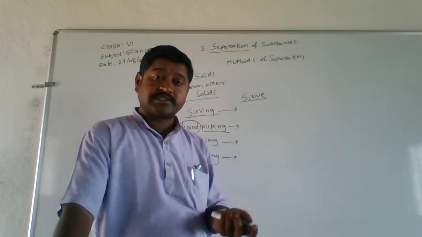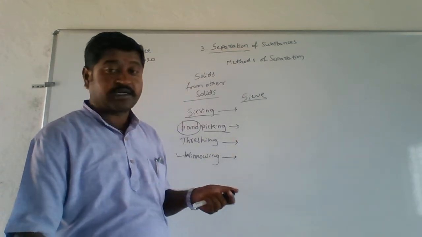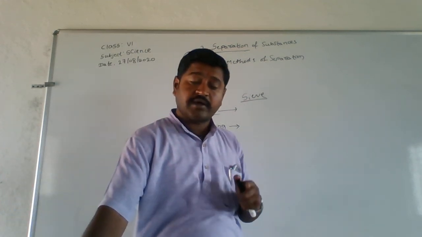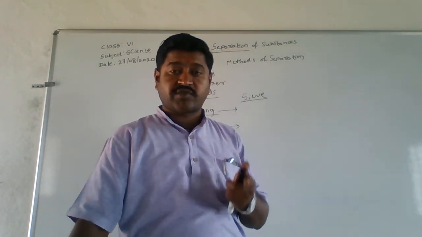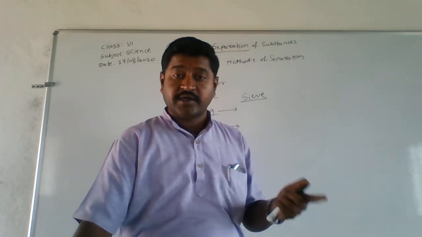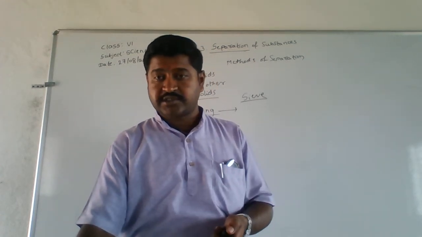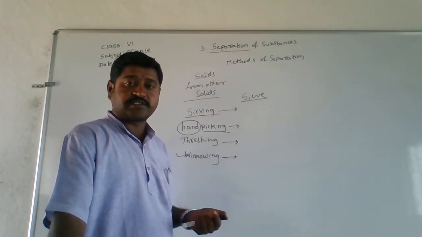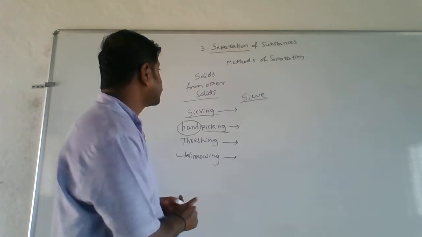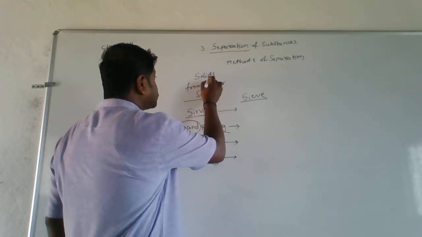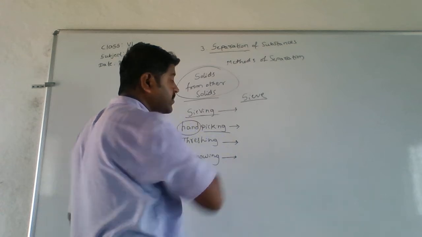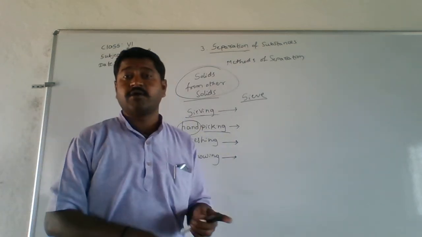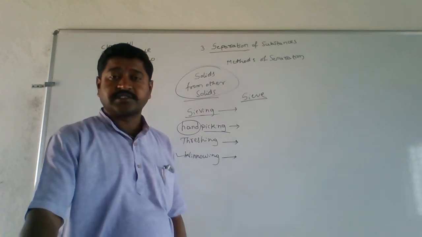Then on what basis these methods of separation are there: removing solids from other solids, separating insoluble solids from liquids, and separating soluble solids from other liquids. And under each category we have different methods. So today we have completed only the first column, that is separating solids from other solids. In that we have sieving, hand picking, threshing and winnowing. I think these are all clear to you.